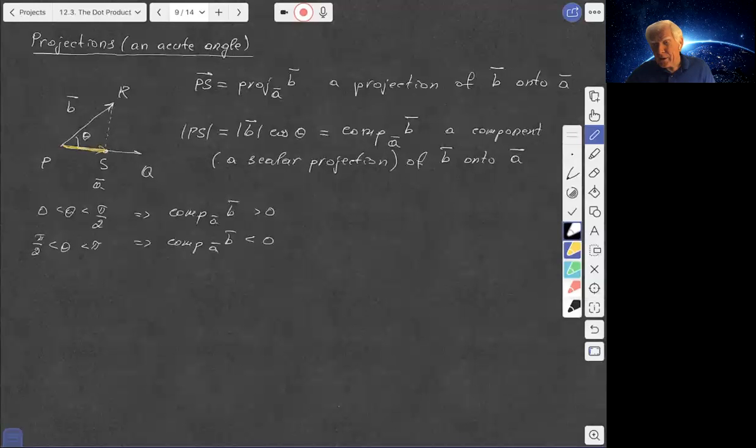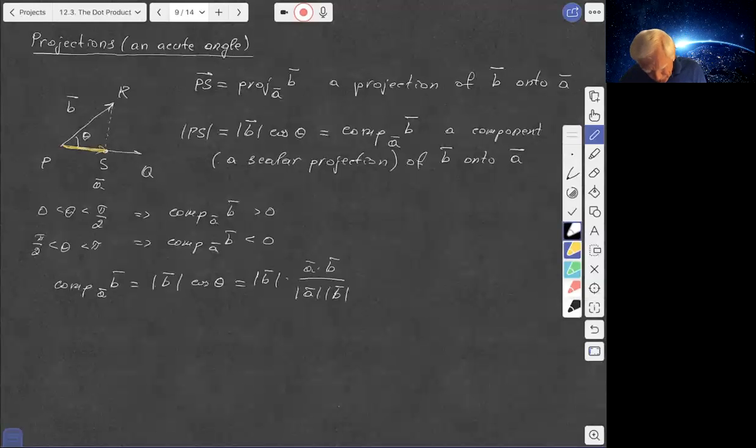Now, let's see if we can get a better expression for the component. So the component is magnitude of B cosine theta. We know that the cosine can be expressed using the dot product. Let's replace the cosine with the dot product of the two vectors, A and B, divided by the product of their magnitudes.